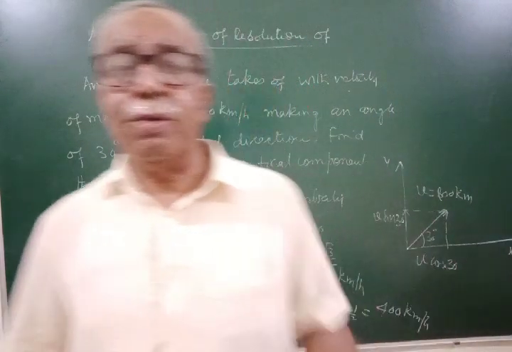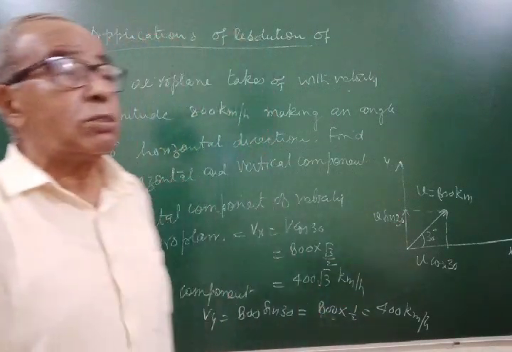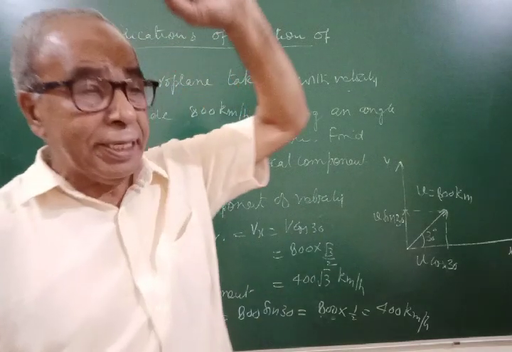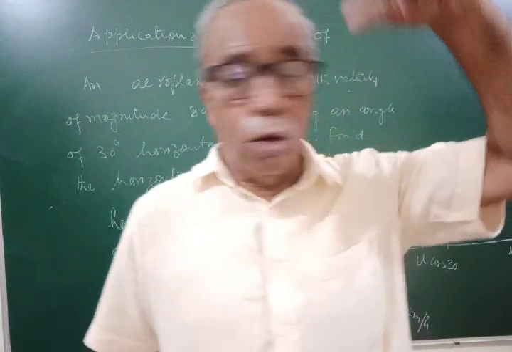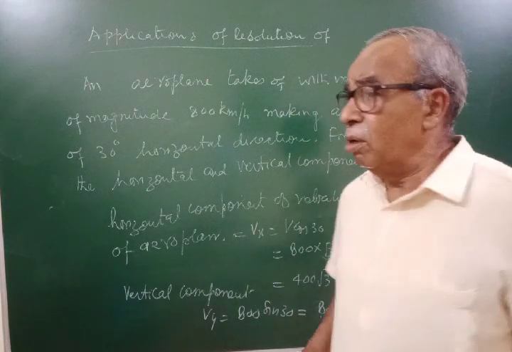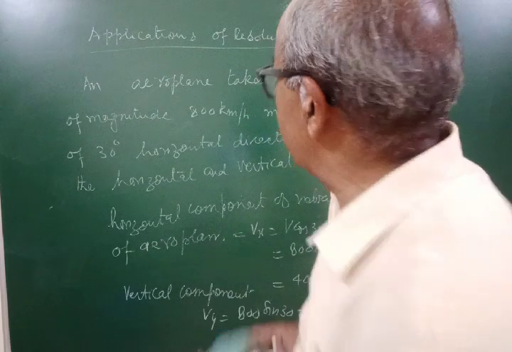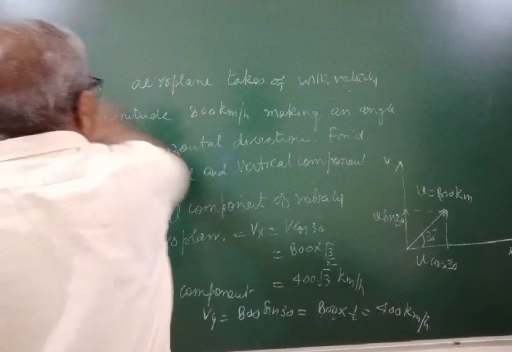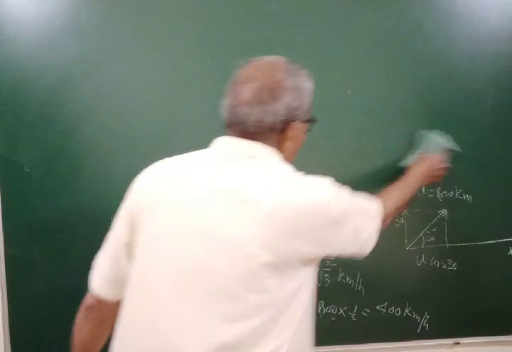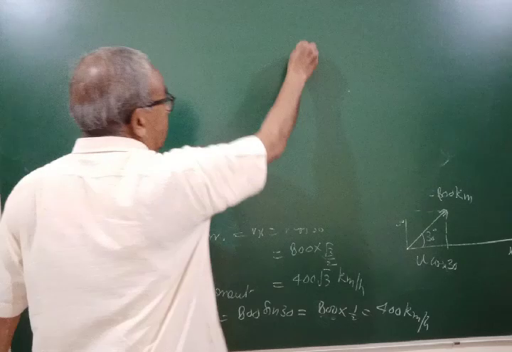That way you can understand why it is easier to use flyovers. When you want to go to a height, you use a ladder or an inclined plane like a flyover. If you try to go up vertically straight, it is difficult, but if you use an inclined plane, it becomes easier. I am making one demonstration here.